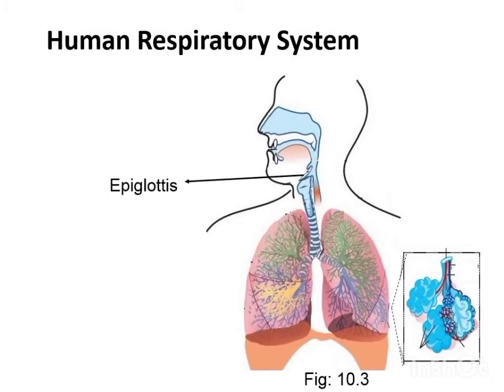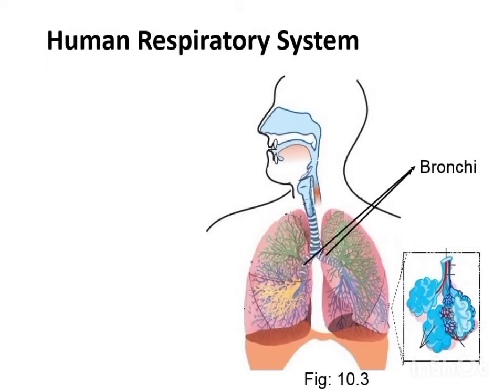After the pharynx, there comes epiglottis. Epiglottis is a lid-like structure. And then there is glottis, which is the opening of both the trachea and the esophagus. Then there comes the next structure, which is larynx. After the larynx, there is trachea, which is a windpipe.